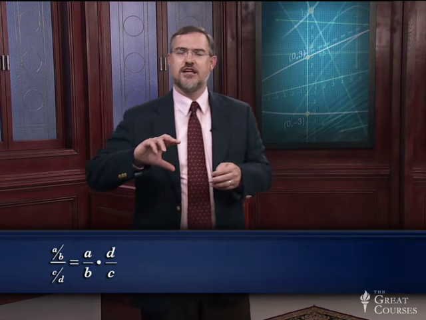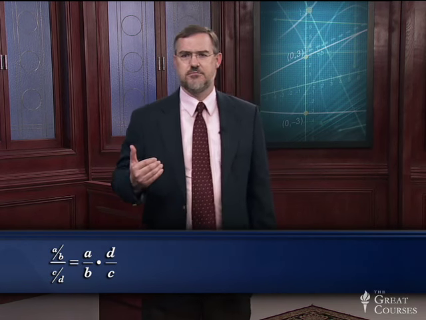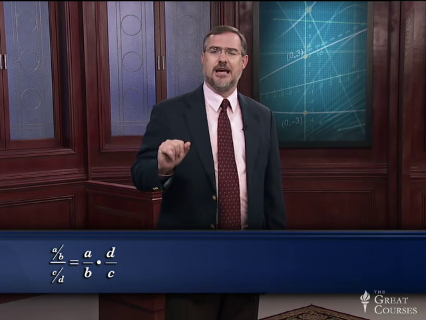In other words, you want to take the reciprocal of the second fraction and then multiply instead of divide. So this is how we can convert any division problem that involves rational expressions into a multiplication problem.